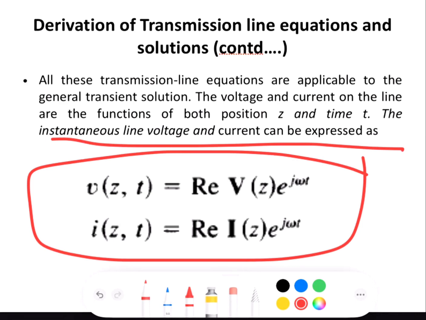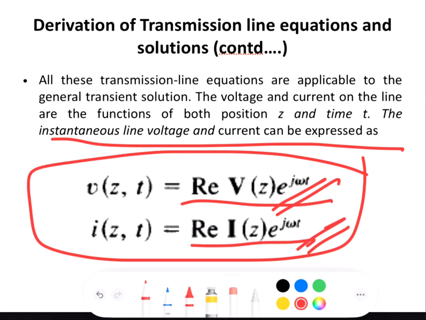And in the same way, the current equation can be written as I of z comma t is equal to Re of I of z into e to the power j omega t. Always there are a few imaginary values which we take into consideration. That's why we are expressing the equations for voltage and current as imaginary values. That is, V of z comma t is equal to Re of V of z into e to the power j omega t, and I of z comma t is equal to Re of I of z into e to the power j omega t.